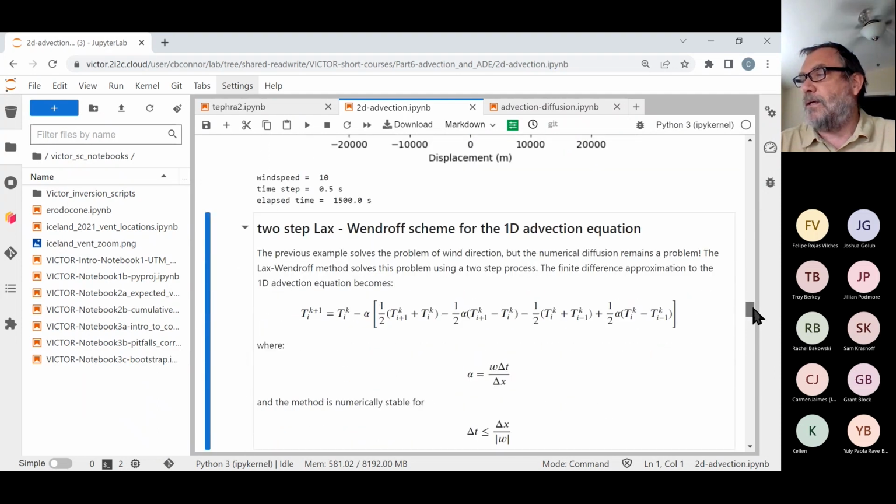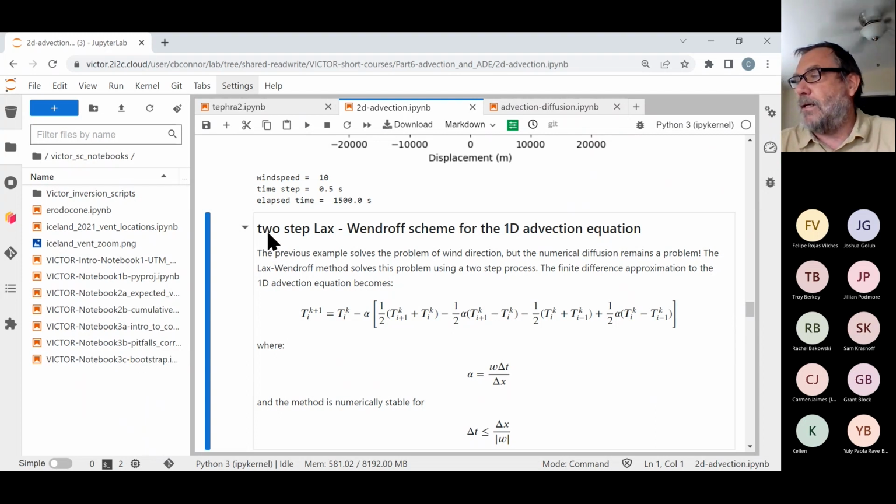And so people have developed different schemes for dealing with this problem, these two problems really. Number one, I wanted the wind to be able to blow in positive or negative directions and still get a decent solution. And number two, I don't want too much numerical diffusion, okay?